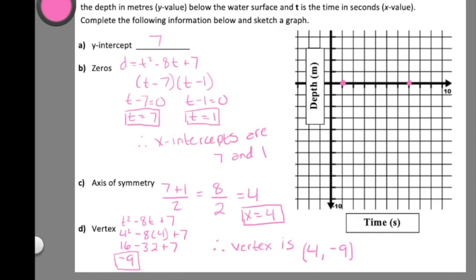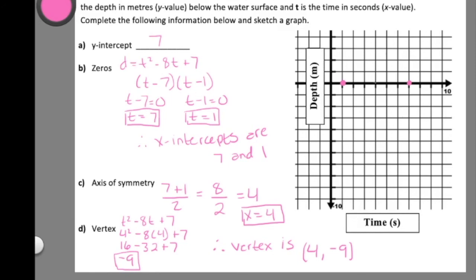So how do I plot my vertex now? Well, the center of my parabola, it helps to draw that line, and that'll help me when I'm plotting my vertex. We said the x coordinate was going to be at 4. So 1, 2, 3, 4 right here.